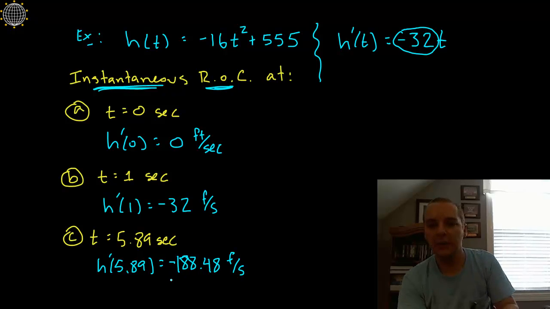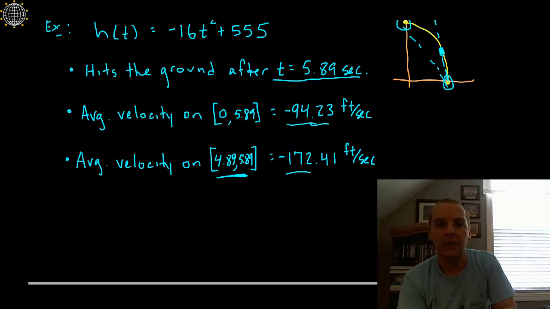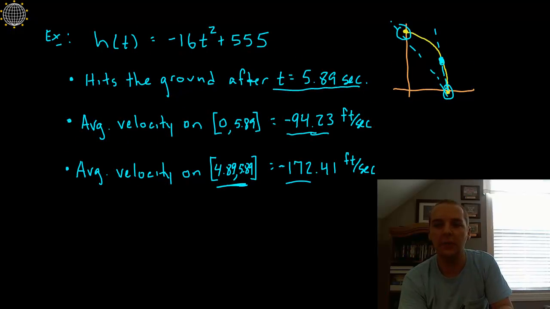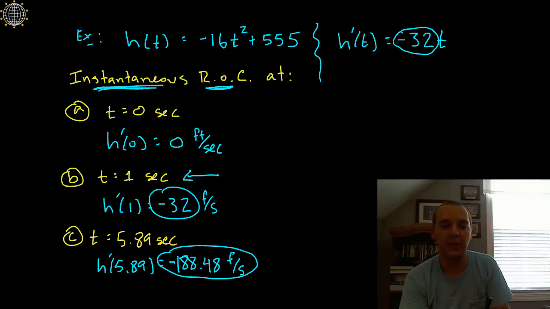And let's compare this to our previous answers and see if this makes sense. First of all, the average velocity on the entire interval on average was negative 94. This makes perfectly good sense. Earlier in the fall, it was slower. It wasn't going very fast yet within the first second, and towards the end, it was much faster than that.